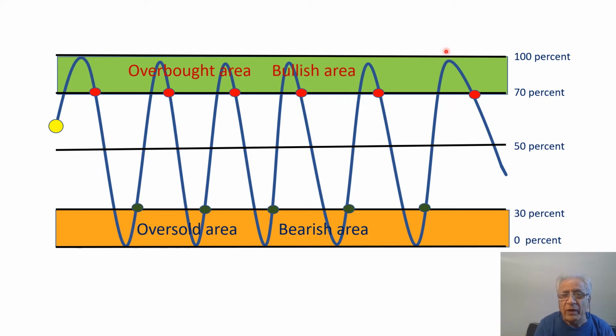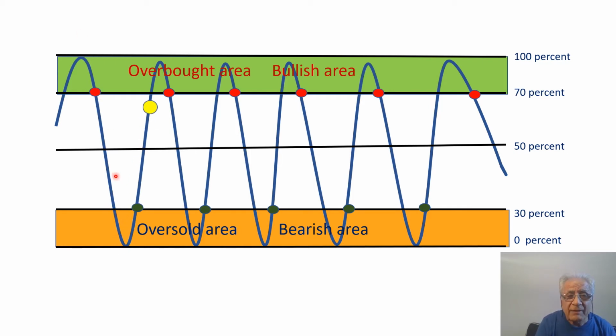Between 70 and 100, this zone is called the overbought area or bullish area. Between 0 and 30, it is called the oversold area or bearish area. When the price goes inside the overbought area, goes up and comes back, and while it's coming back it cuts the 70% line downward, it creates a sell signal, so you can exit the market.